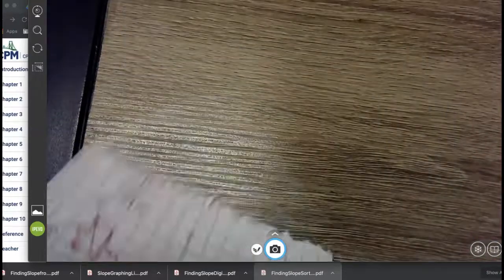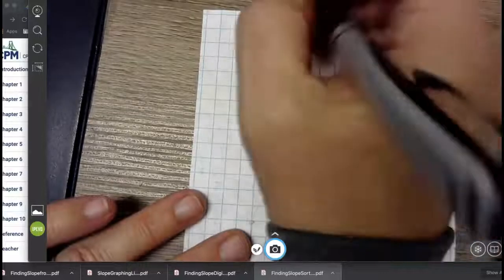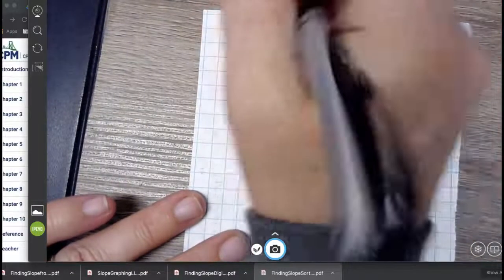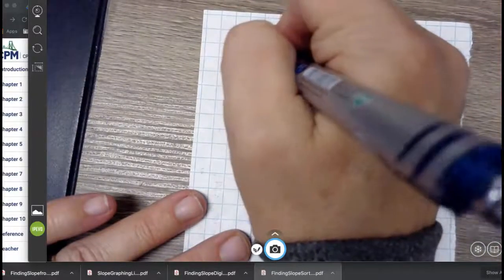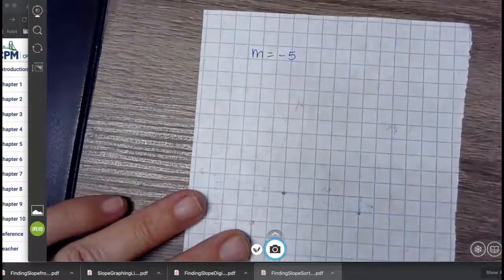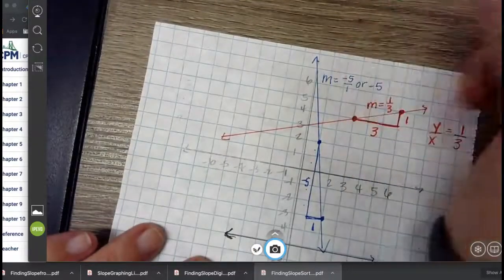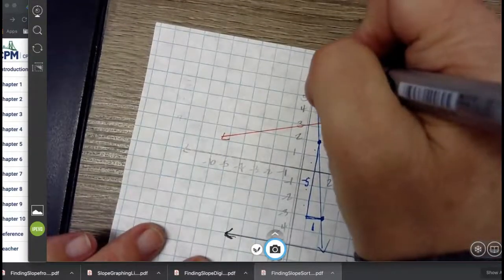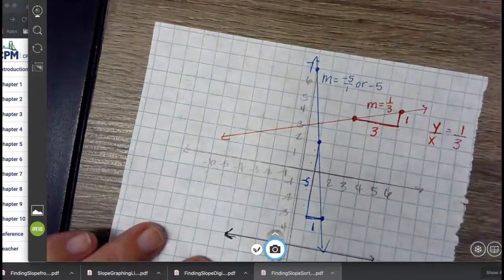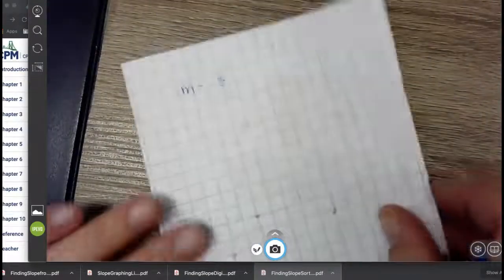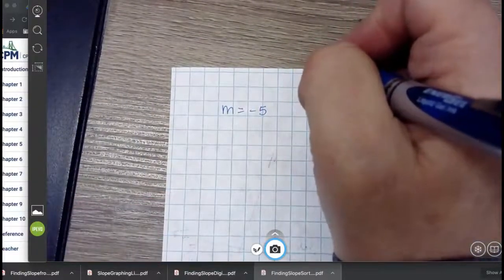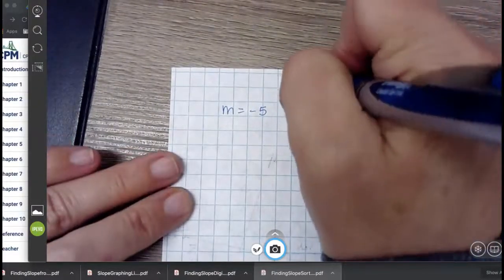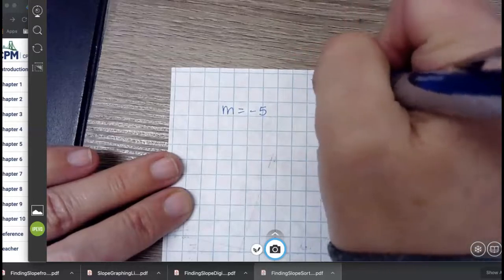The other thing we're thinking about now, since we have a slope, in my blue line we had a slope of m equals negative 5. So what do we do with that? If I go back and look at my graph, this line starts at 7, it looks like. That's my beginning. If you remember our formula for our linear pattern, which we will now call slope-intercept form, it is y equals mx plus b.